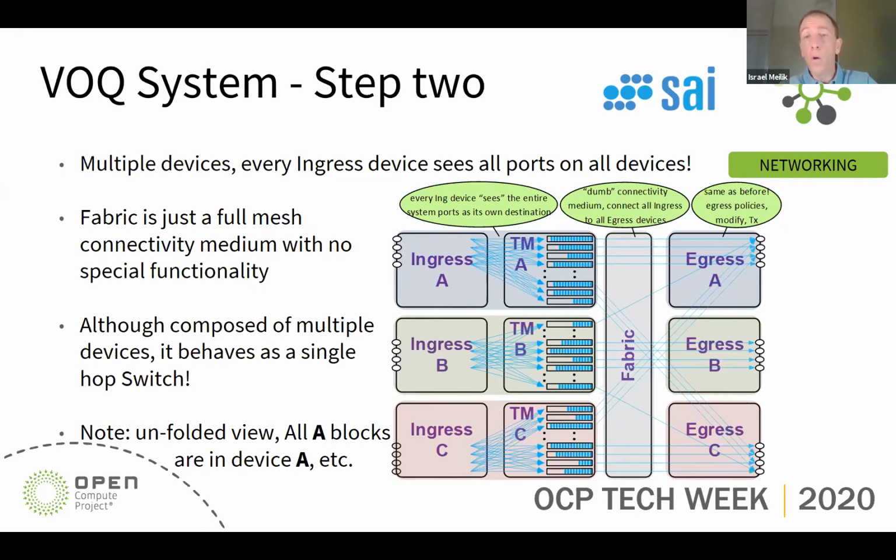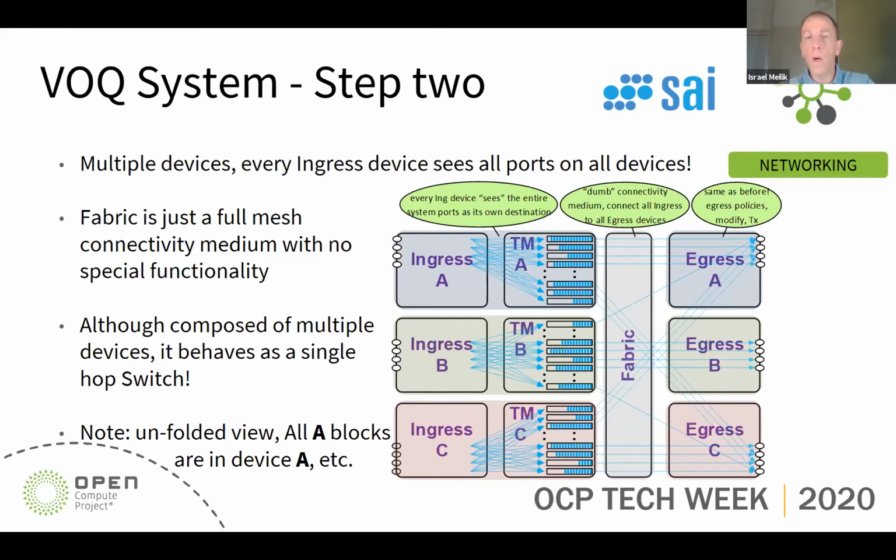Although this system is composed of multiple devices, it behaves as a single hop switch in the sense that every packet received on a given input will do only one ingress processing, will be queued in only one queue towards its destination, will cross the fabric to the destination device, and then only once will cross the egress device.